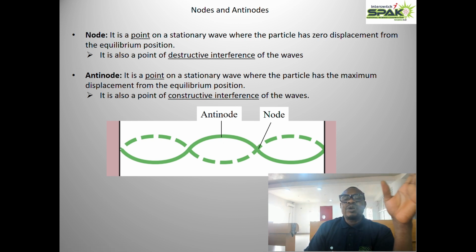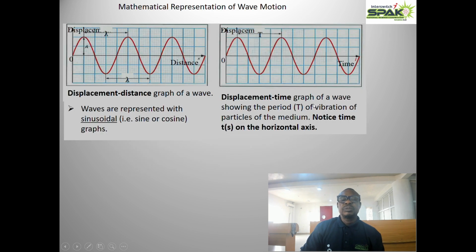We can mostly get a stationary wave when we strike the string of a guitar, even in pipes and musical instruments such as your saxophone, trumpet, and flute, where the air molecules create a stationary wave. So musical notes are produced as a result of stationary waves.